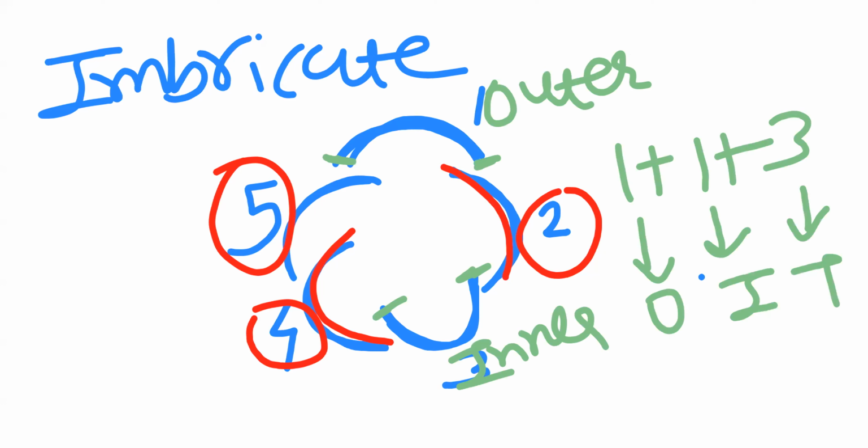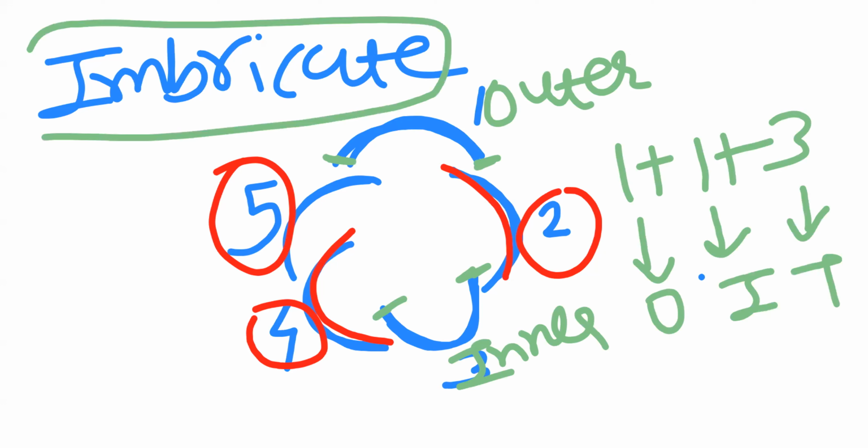Right? So that type of estivation we call imbricate estivation. First understand in this way easily, then textbook language. Arrangement with what type? 1 plus 1 plus 3, 1 totally outer, 1 totally inner, and then 3 twisted form.